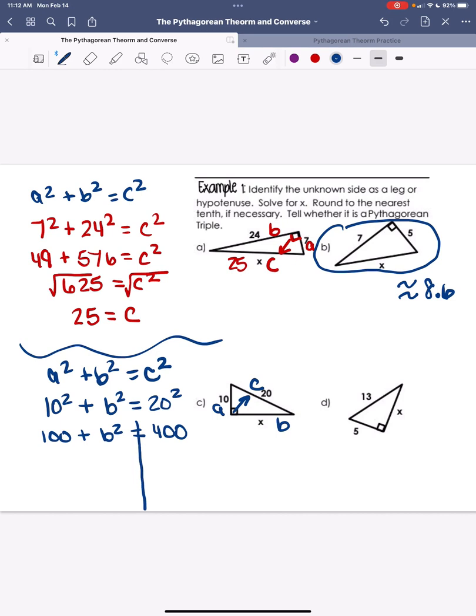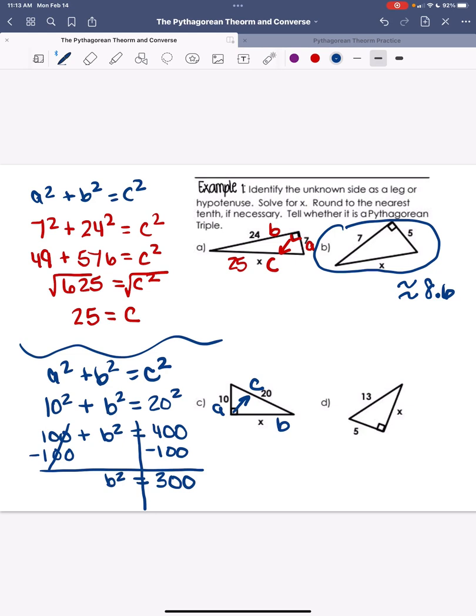Think about, what's my constant? What do I have to get rid of first? Remember, constant is the one that's by itself, so that'd be 100. So I'm going to subtract because it's the inverse, the opposite operation. My hundreds cancel out, leaving me with b squared equals 400 minus 100 gives me 300.